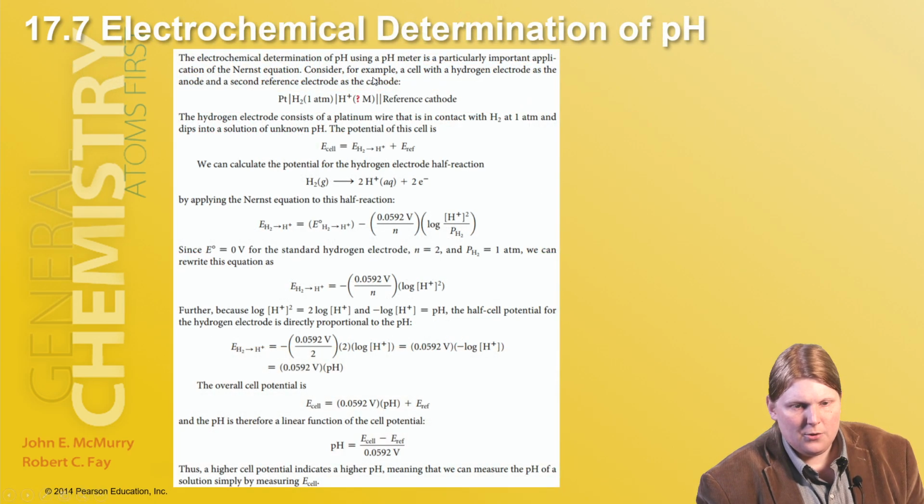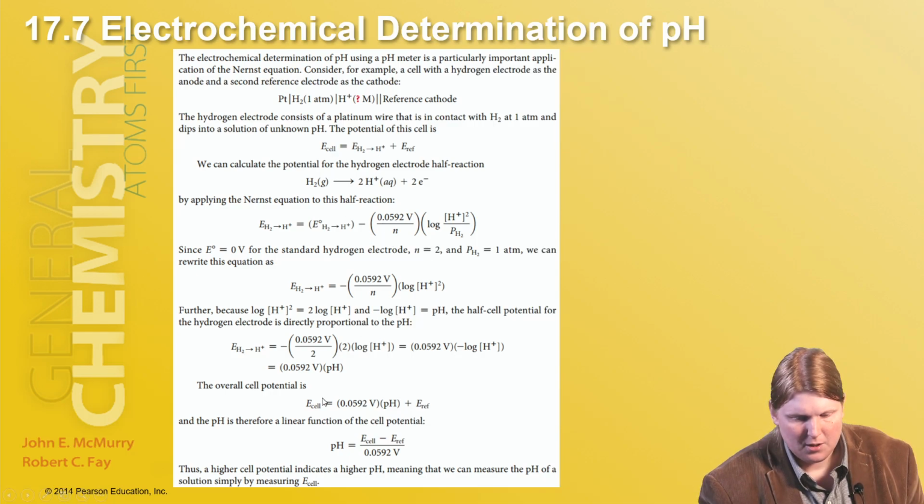Here they also talk about the use of the Nernst equation in a pH electrode. In a pH electrode, they'll build some kind of cell where only hydrogen ions can interact with the electrode and change the conductivity of the surface. And you can use the pH to measure how the cell potential works.